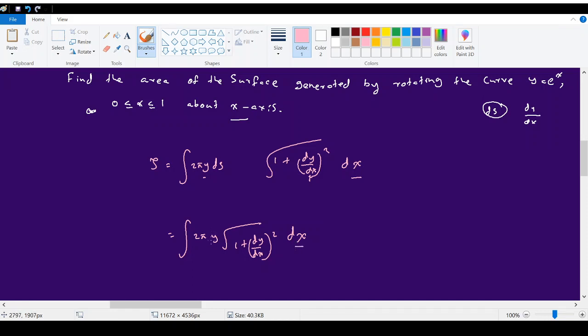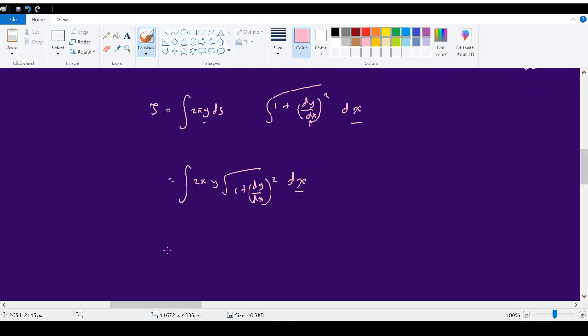So instead of that y, you will have to represent y in terms of x. So our equation will become 2 pi times the integral of e^x times the square root of 1 plus dy by dx squared, with respect to dx.